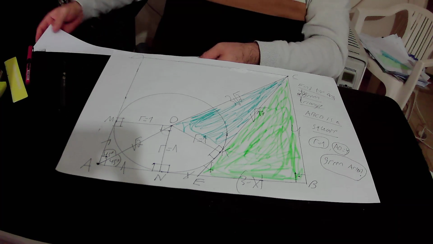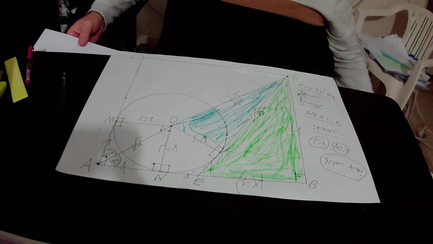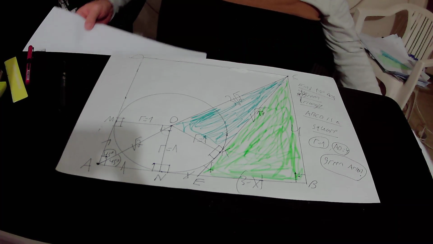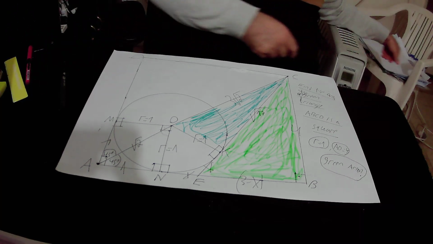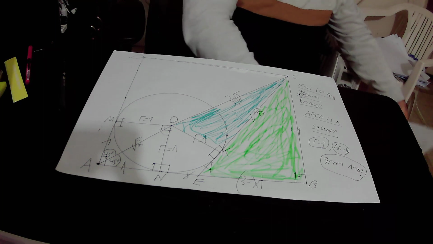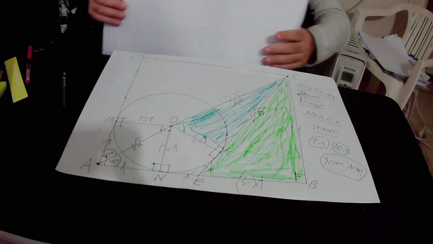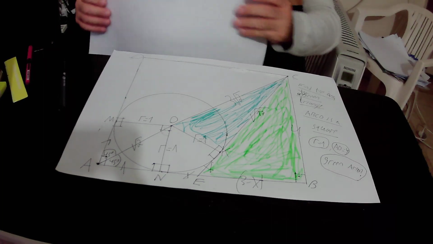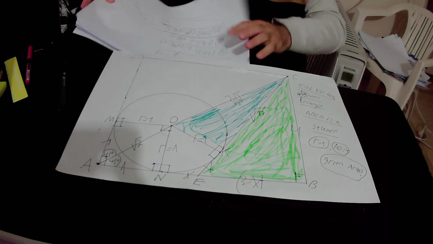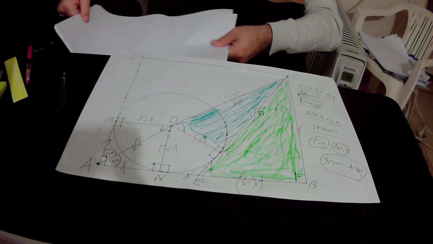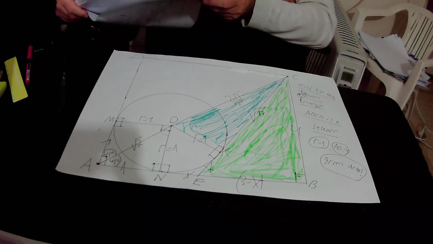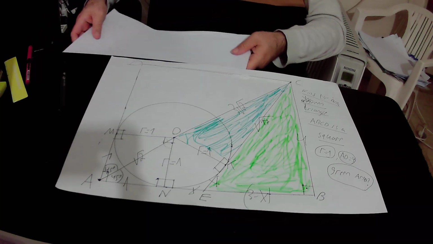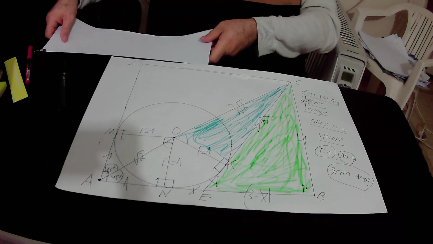Okay, so now I will summarize the lecture. Actually, we wanted to find out the area of this green right triangle. We have here square ABCD.